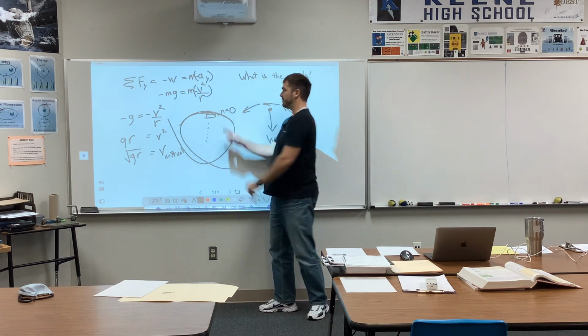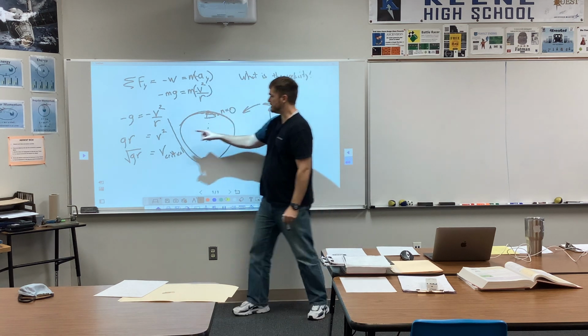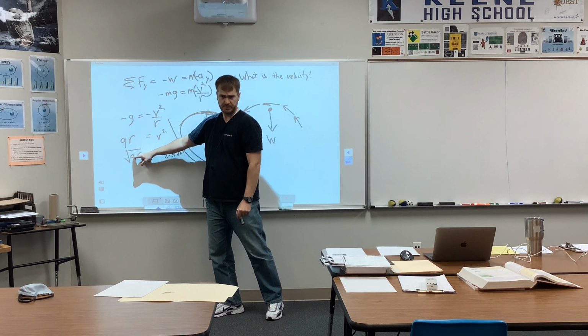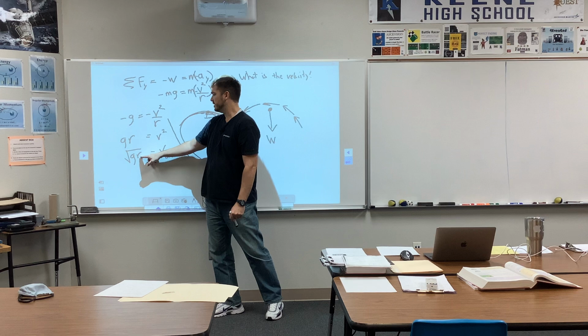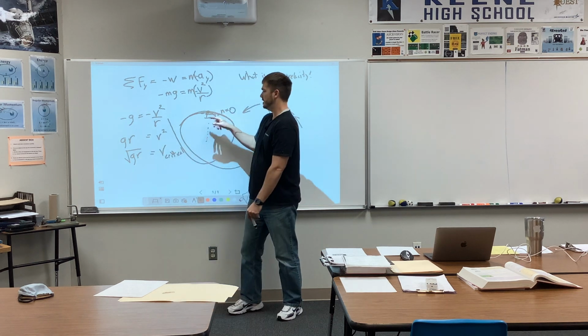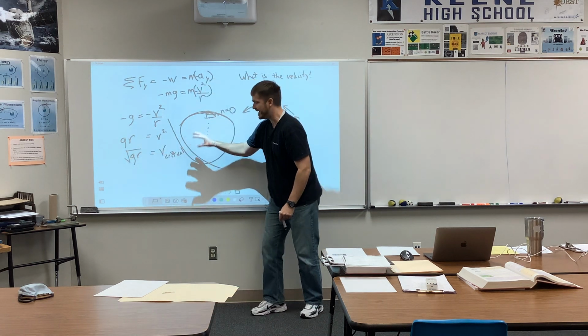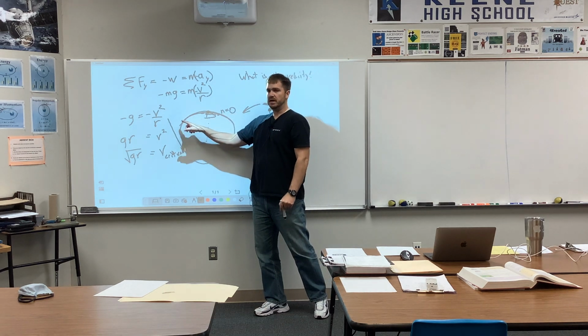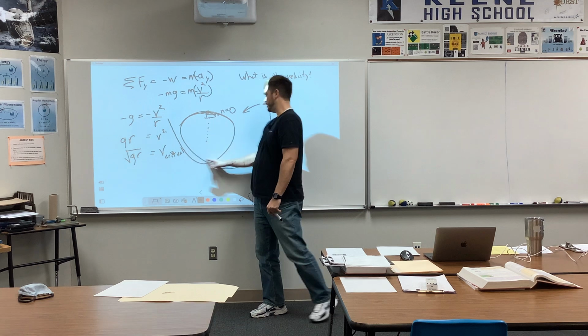At least at this moment right here at the top, you need to be going the square root of 9.8 meters per second squared, if your roller coaster is on Earth, times the radius. You take the square root of that. You need to be going that speed or faster up at the top if you want to loop the loop, as they say.